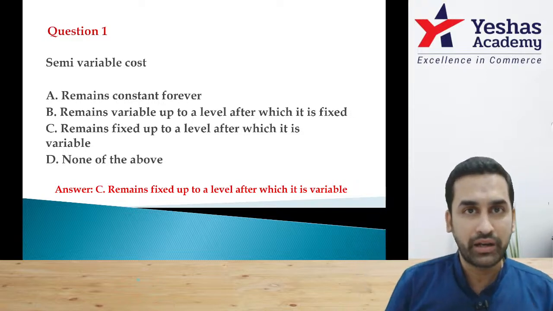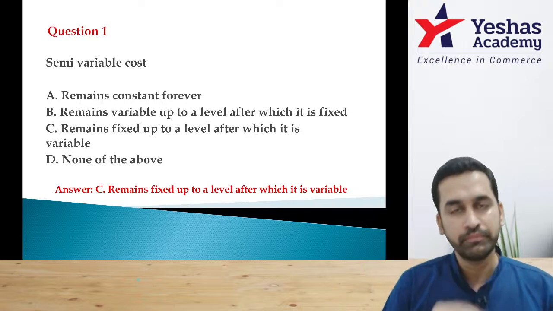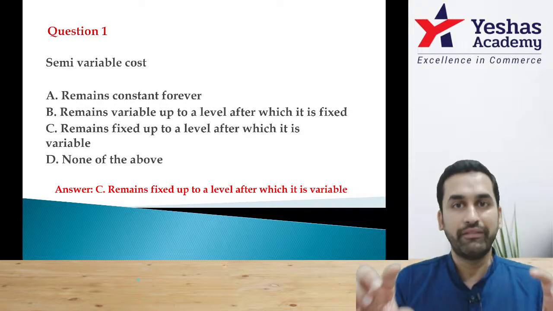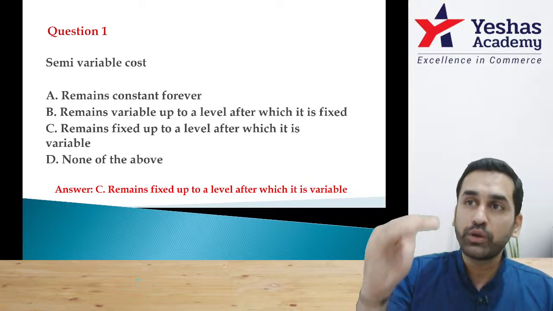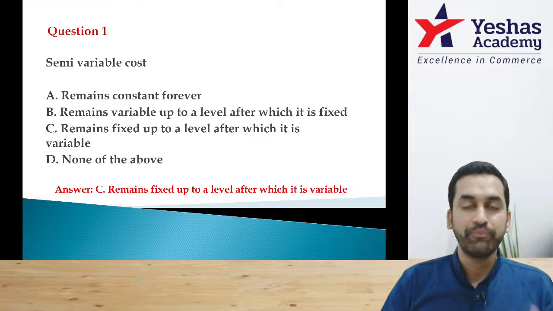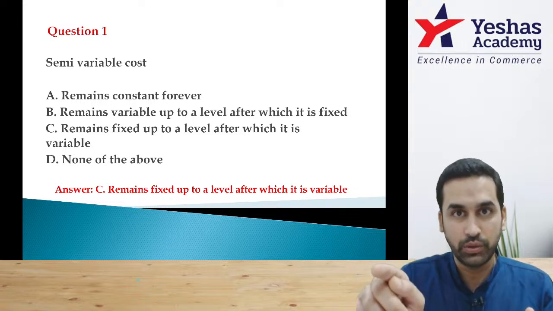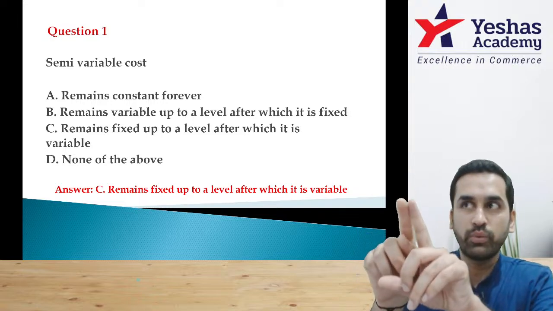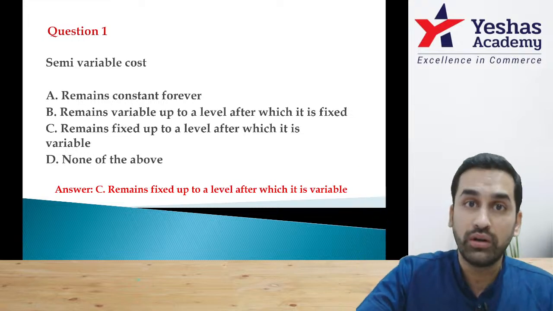Whereas in step-ladder cost, for a particular level, cost remains the same, after which cost will increase up to another point. So for 0 to 50 units, 10,000 rupees. 51 to 100 units, 10,000 plus another 10,000. And then 101 to 150, 10,000 plus 10,000 plus one more 10,000.